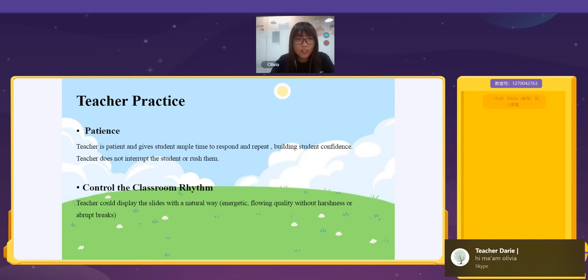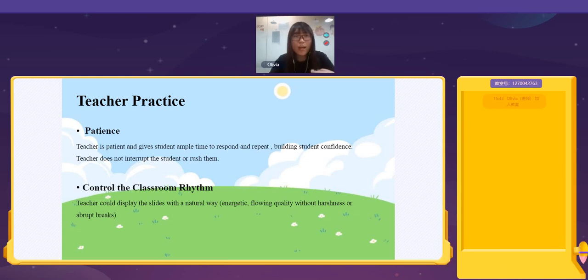Teacher does not interrupt the students or rush them. When they are answering your question, please give them enough time. Also, when you teach them a new word, leave them enough time to repeat after you and be patient with them.